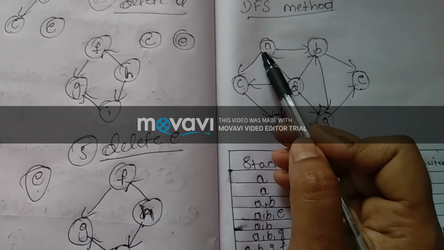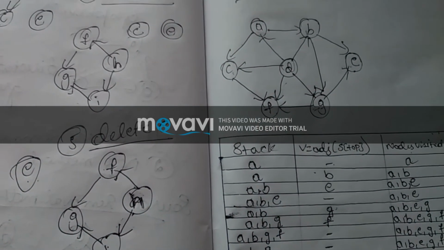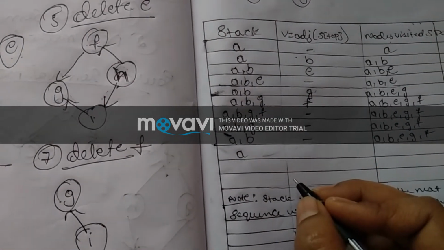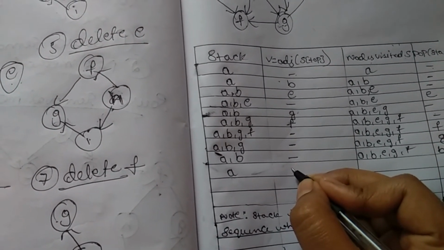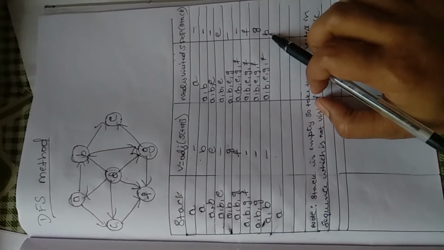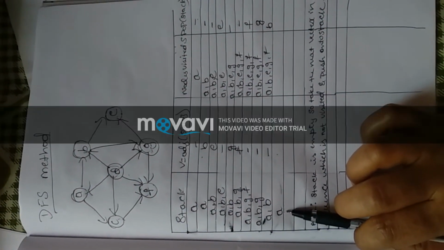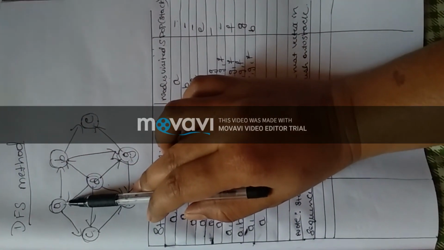Again I'll go back to A, and one more outgoing edge, that is C, is there. So there is an adjacency vertex. B is popped. Now only A will remain on top of the stack. Again I'll go to A in the graph.